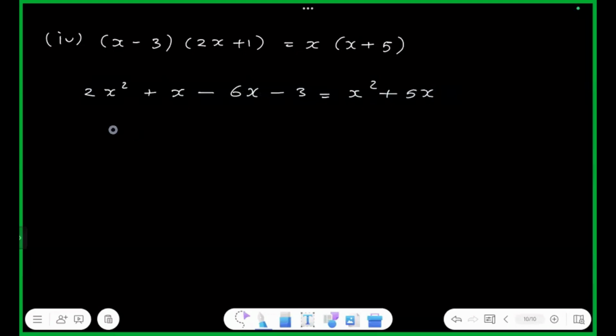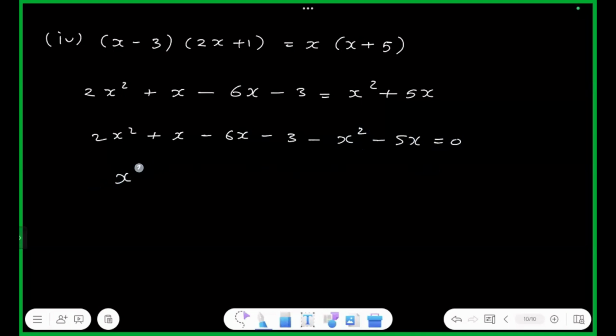Now take each thing to one side: 2x square plus x minus 6x minus 3 minus x square minus 5x is equal to what? 0. Okay. So 2x square, and here is minus x square. You can suppose it is like 2 minus 1, so we will remain with 1x square.